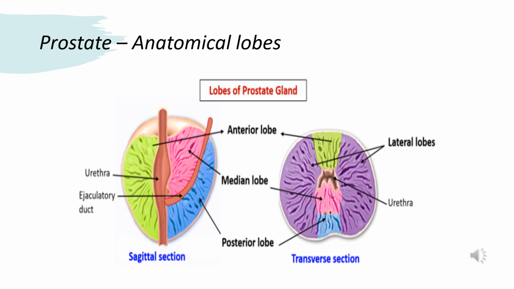The median lobe normally projects into the prostatic urethra, causing a ridge called the urethral crest. The median lobe consists mostly of glandular tissue and is a common site of adenoma of the prostate gland.